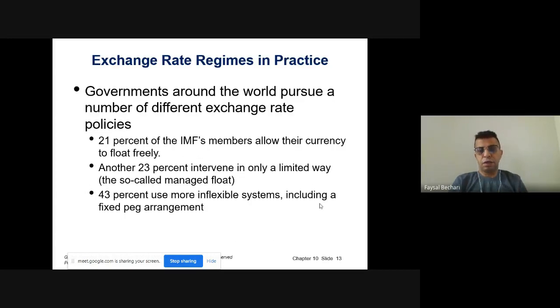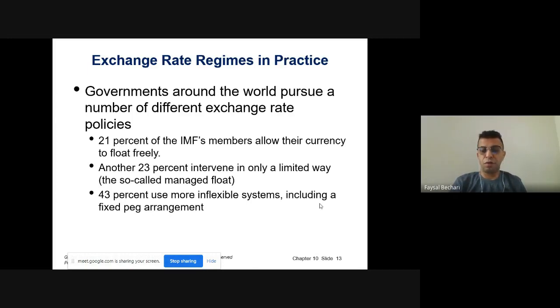Now, exchange rate regimes in practice. Governments around the world pursue a number of different exchange rate policies. 21% of IMF members allow their currency to float freely. Another 23% intervene only in a limited way, which is the managed float.